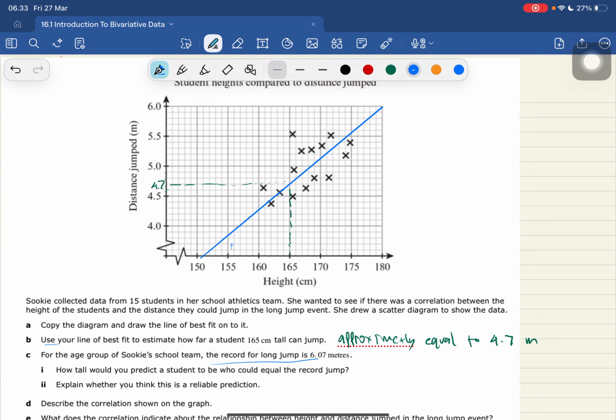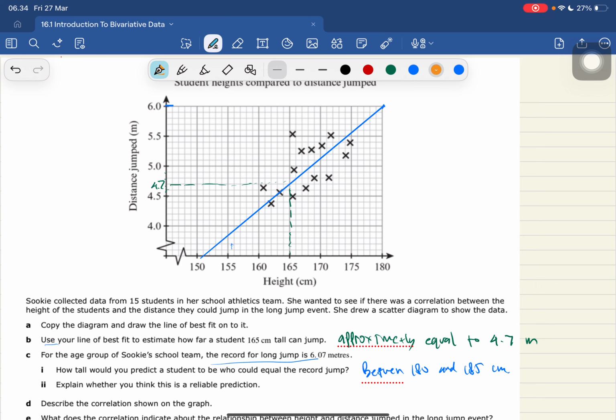Next, for the age of a circuit school team, the record for long jump is 6.07. How tall would you predict the student would be? So here it's more than 6 points. So we can start from here, the higher. So between 180 and 185 centimeters.